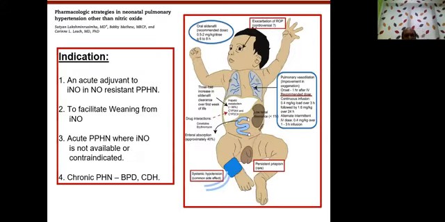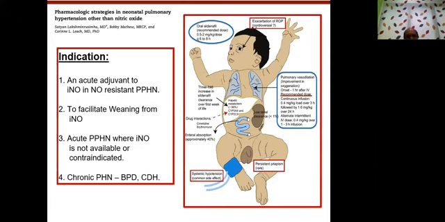So the indication for sildenafil is as an adjuvant in iNO resistant PPHN to facilitate weaning from iNO. So you started iNO, you're coming out of iNO, then you can start using sildenafil. And in patients where there's a contraindication of using nitric oxide, in those conditions you can use sildenafil.